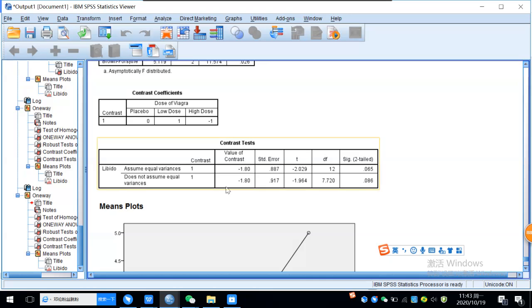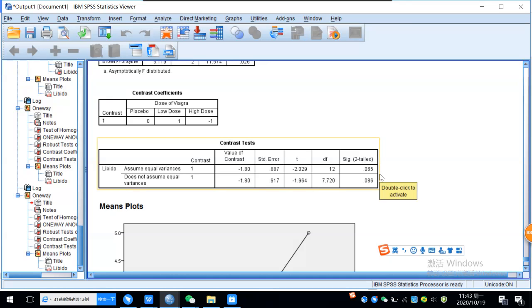Okay, so please look at the contrast test, it is this one. Since the variance is equal, right? So we look at the upper row. Here, significance two-tailed is 0.065, but for one-tailed, you should divide it by 2. So 0.065 divided by 2 equals 0.0325. 0.0325 is less than 0.05.